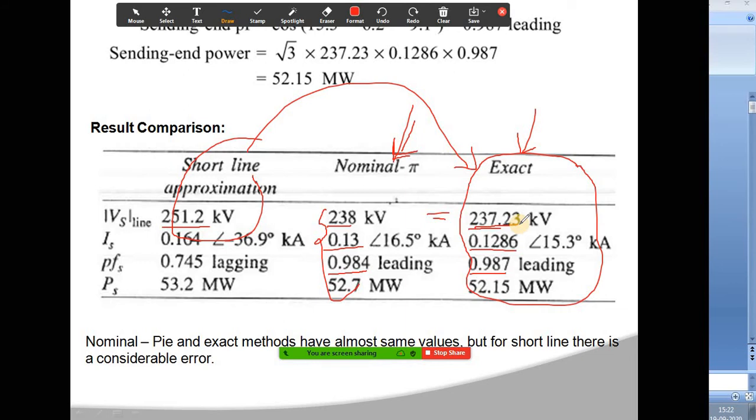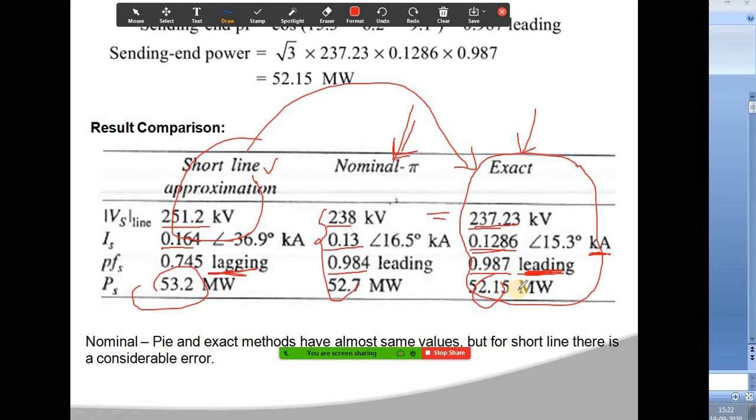There is a much bigger difference. The current is 0.164 for short line approximation and 0.1285 for exact, in kiloamperes, so there is a large current difference too. The sending end power factor using short line approximation is lagging, while the exact solution is leading, and the sending end power is 53.2 here and 52.14 there.